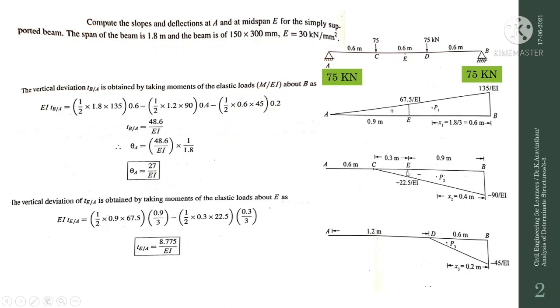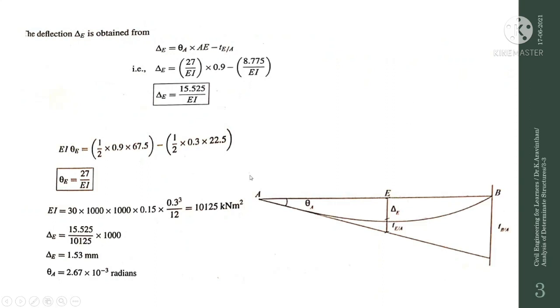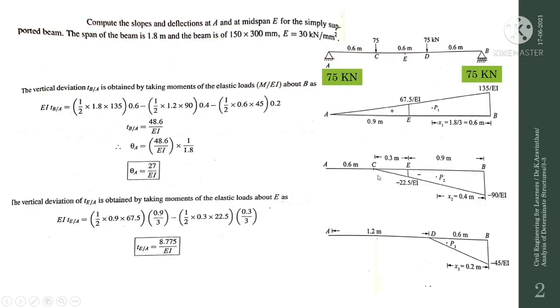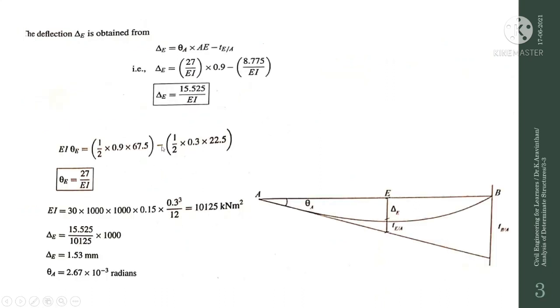So if you consider the point E from the left, this will be the total area. Due to the 75 kilonewton load, you are not having any area from point E. So the area of the first bending moment will be half into 0.9 into 67.5, and half into 0.9 into 67.5, minus half into 0.3 into 22.5, and this will be the answer.